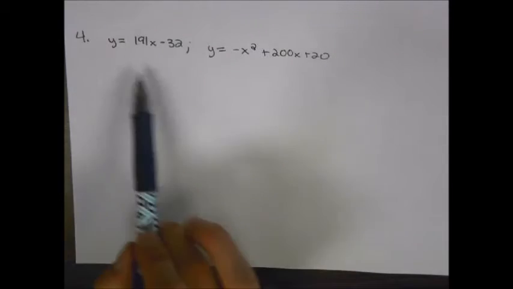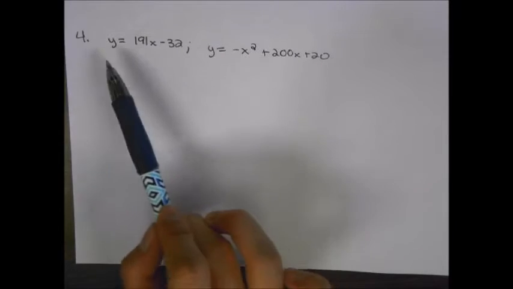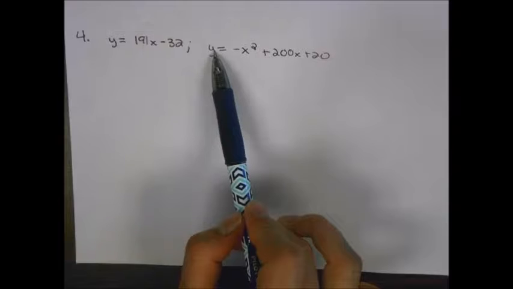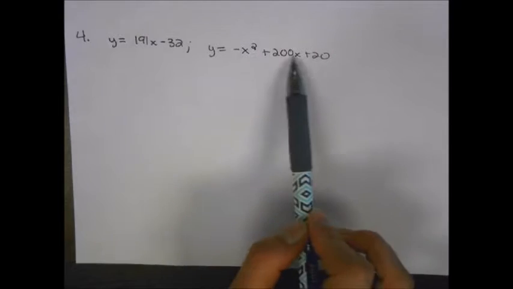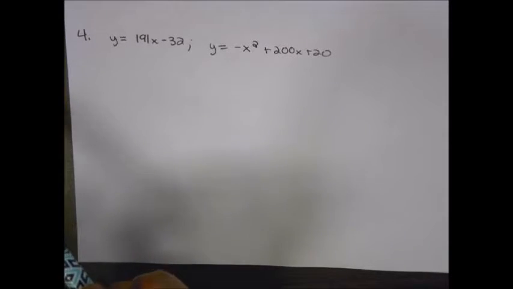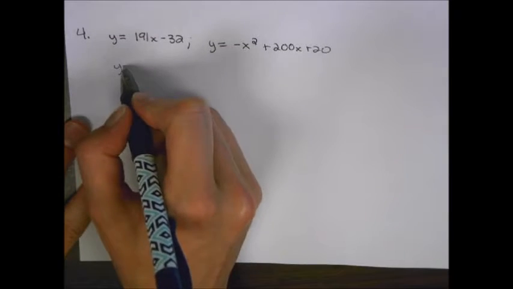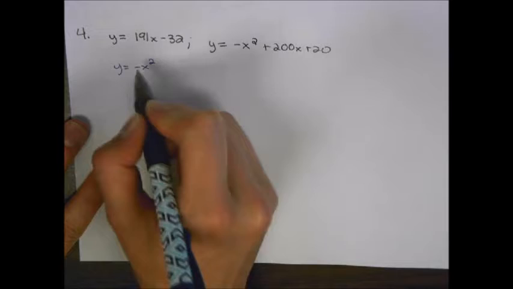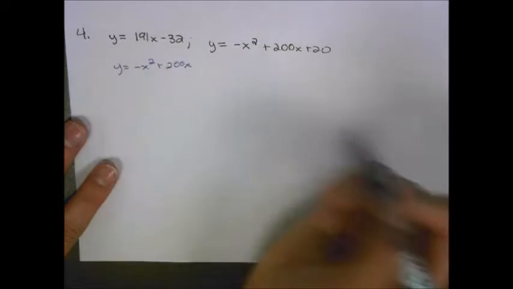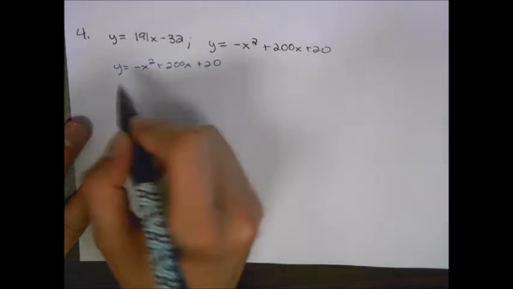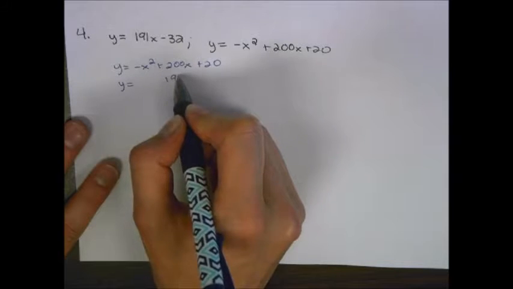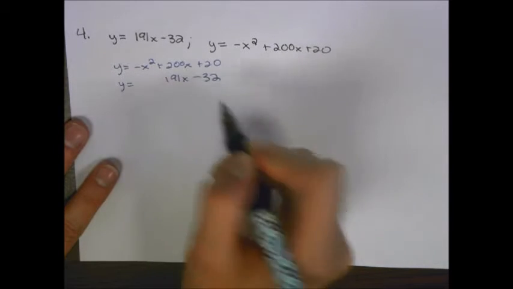I'm going to change my top equation, and I'm going to do that to get my x squared negative. So this gives me negative y equals x squared minus 200x minus 20. Y equals 191x minus 32. The bottom one stayed the same. Remember, our goal is always to get the x squared positive, so I did that by timesing by negative 1, which also made the y negative.